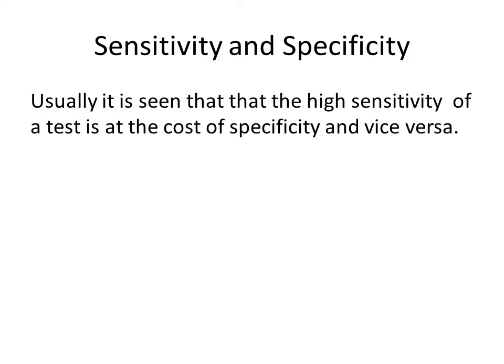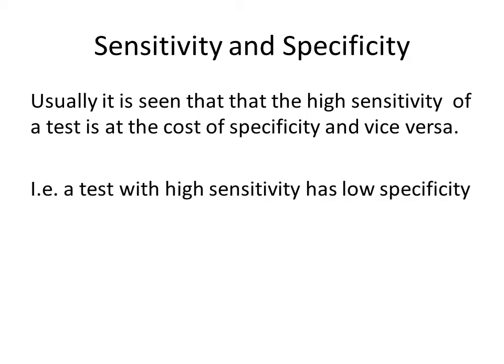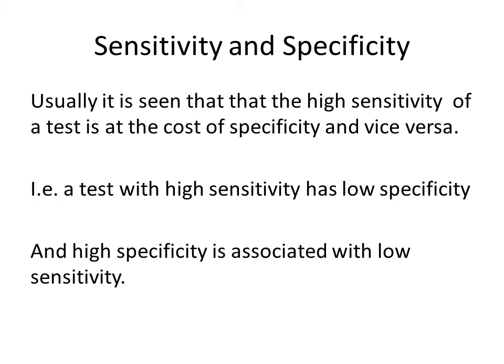It is usually observed that a test which has high sensitivity has a lower specificity, and a highly specific test will have low sensitivity. A test which is highly sensitive will turn positive in every case of disease. That is, it is easily turned positive and hence may turn positive in some of the non-diseased cases also. So there will be some false positives as well. On the other hand, a highly specific test will not turn positive unless and until the disease is there.